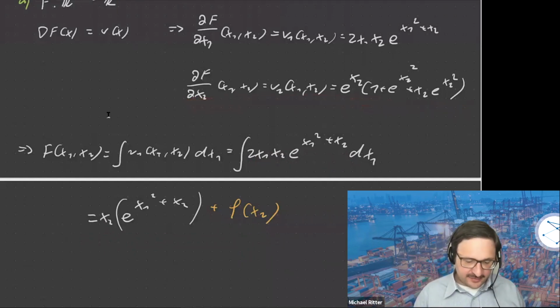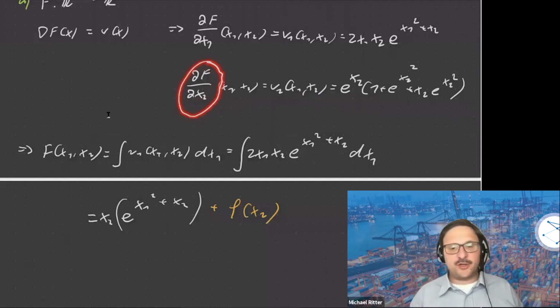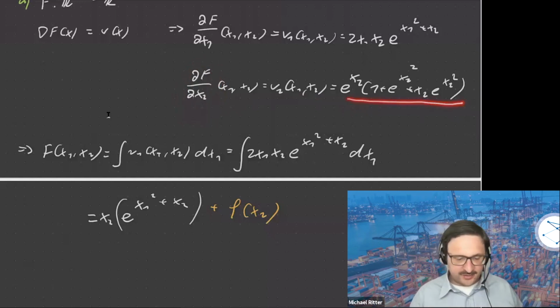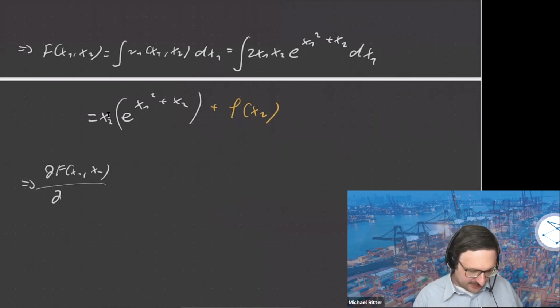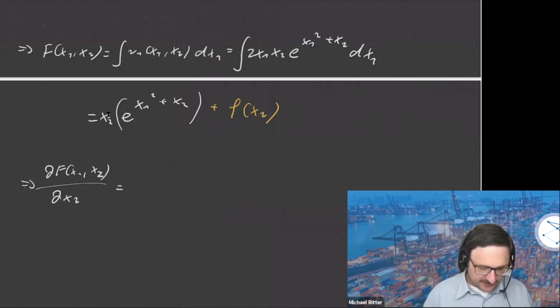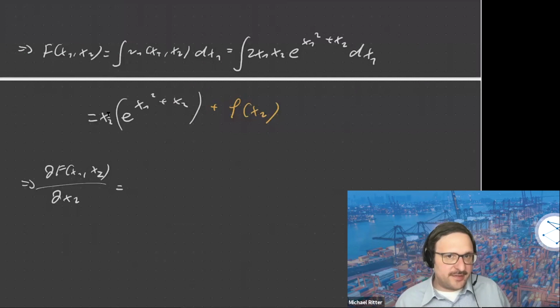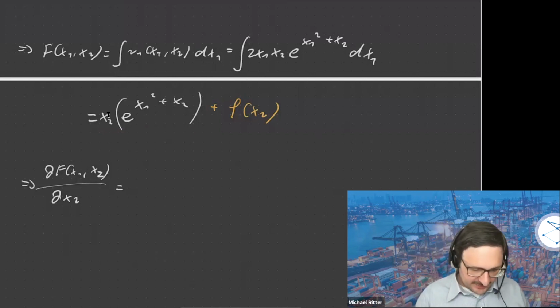So now we have a candidate for F. We can try and differentiate that candidate function with respect to x2 and then compare the result to this. And hopefully this gives us a hint about how this phi of x2 looks. So what that means is our dF of x1, x2 dx2. Let's try to differentiate that. For that part, we need to apply the product rule. First let's differentiate this.